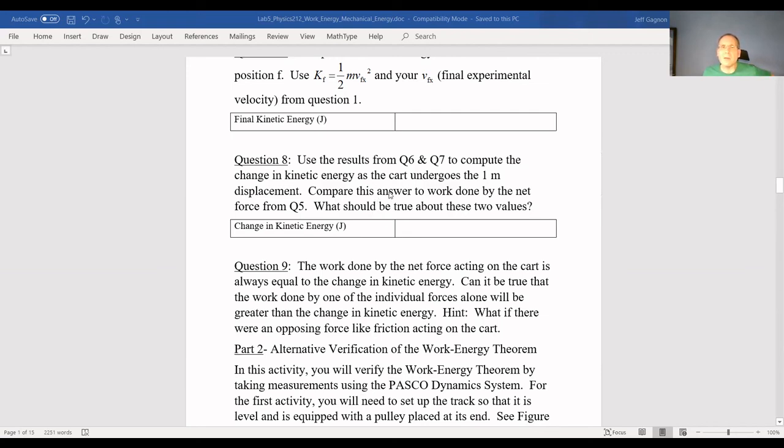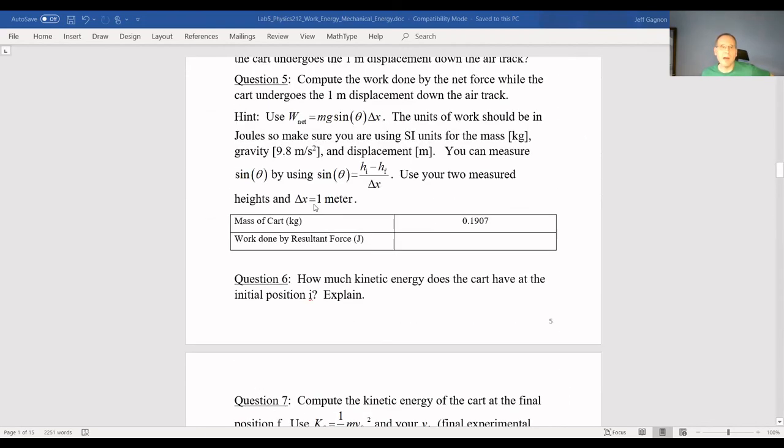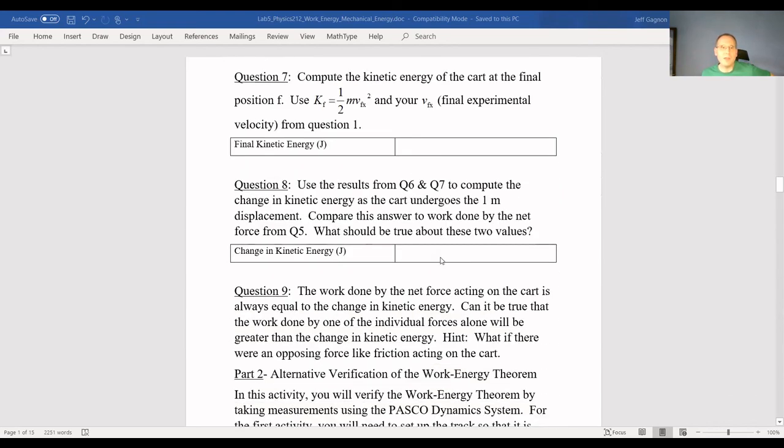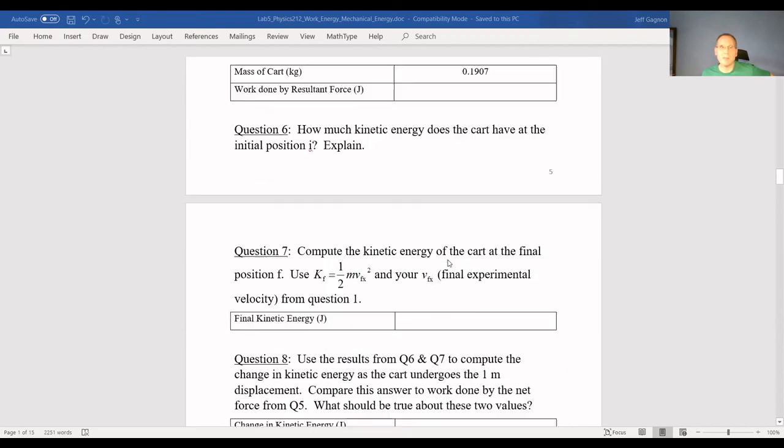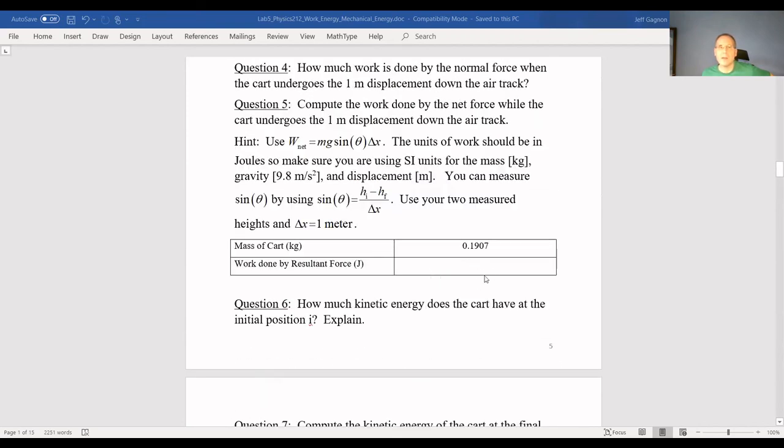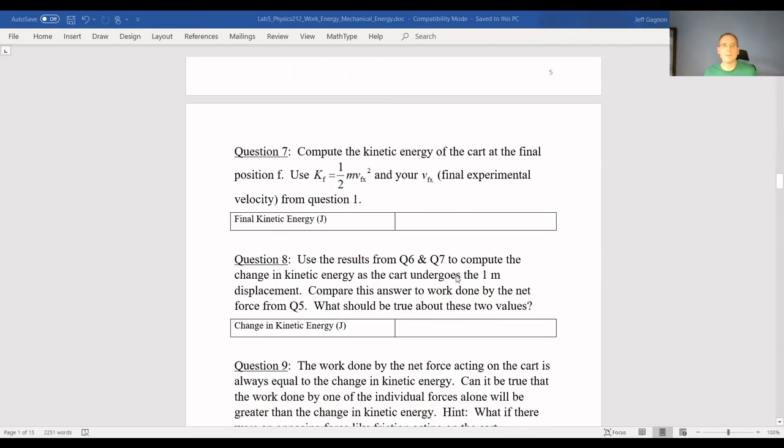And then finally, once you've done that, you can write the answer here, the change in kinetic energy. Compare this answer to the work done by the net force from question 5. And what should be true about those two values, the change in kinetic energy and the work done by the net force, right? The net work done.